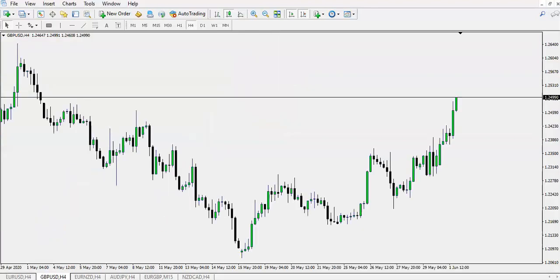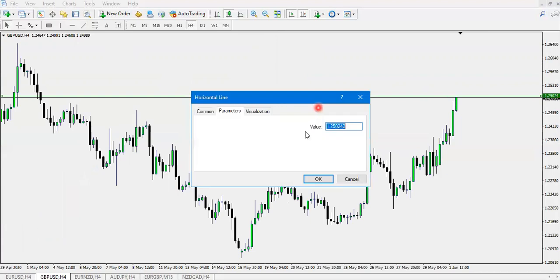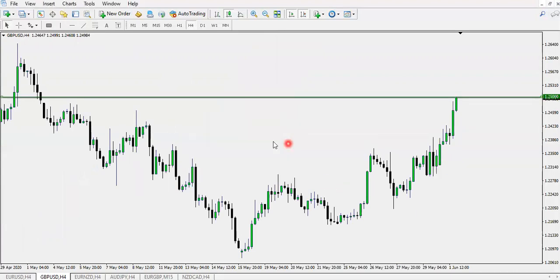So I'm just going to do this on another pair just to show you that it does work. As we can see here, this is GU, GBP USD, and it is currently sitting on a round number figure.